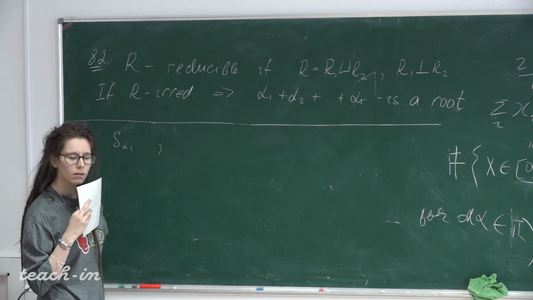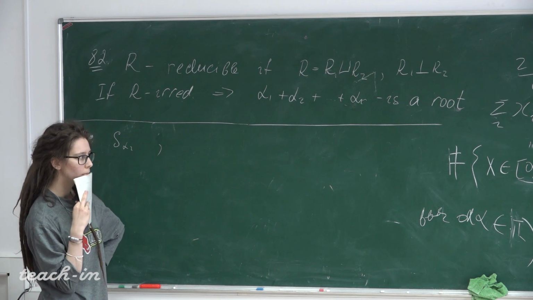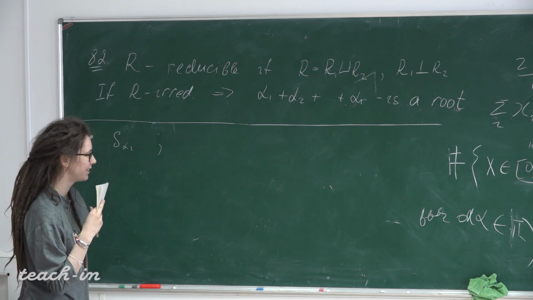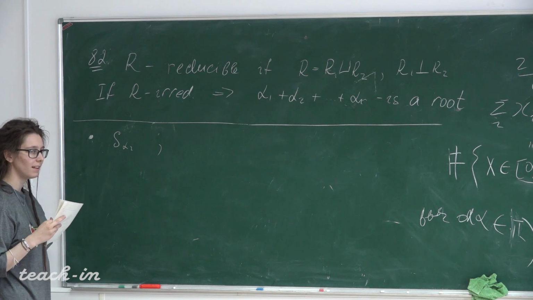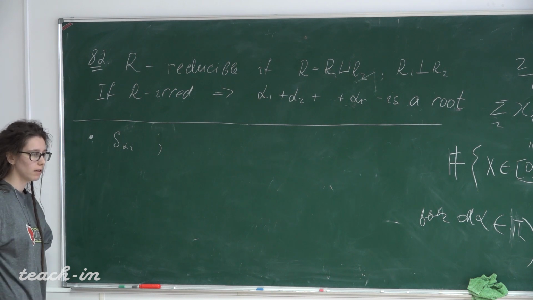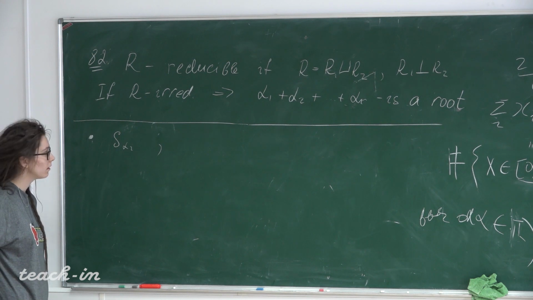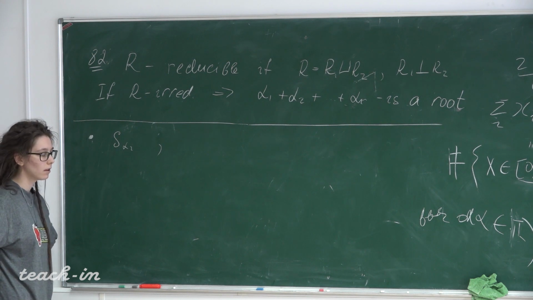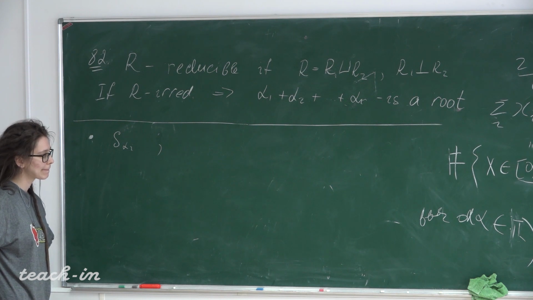Technically, what you're saying is not true because in B2 you have two different lengths. And if you act by the Weyl group, it will never give you a different length because you just reflect.